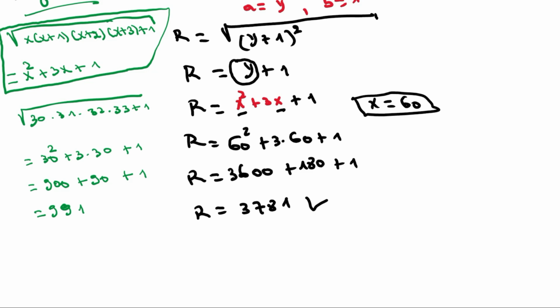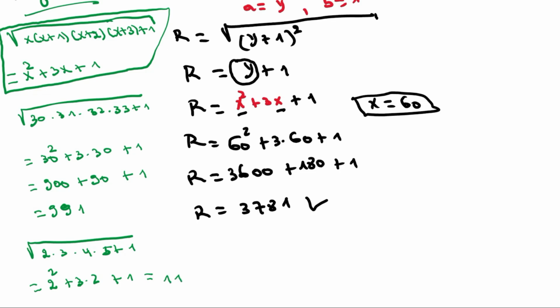Let me give you another example so that you can see it clearly again. If you are asked to compute the square root of 2 times 3 times 4 times 5 plus 1, this is equal to 2 squared plus 3 times 2 plus 1, which is 4 plus 6, this is 10, plus 1, which should be equal to 11.